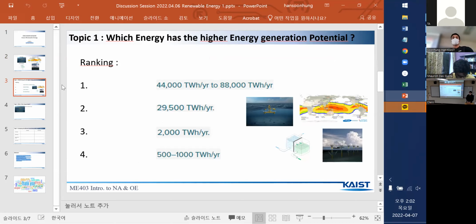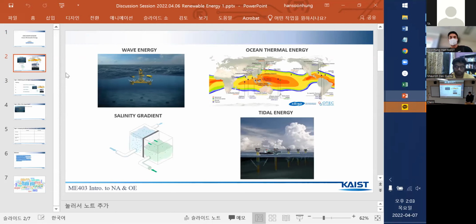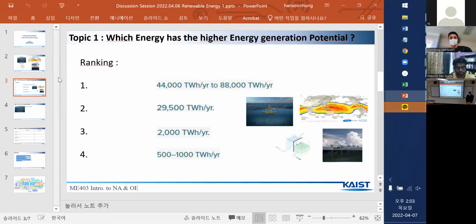Can you rank these four energies: wave, tidal, ocean thermal, and salinity energy? There are two big potential energies and two smaller ones.